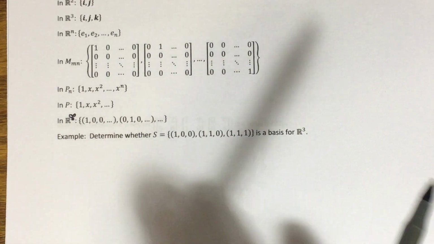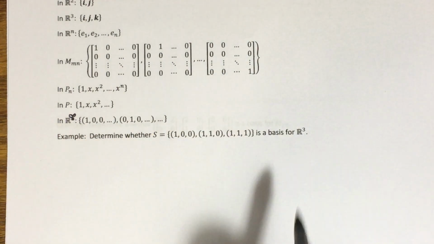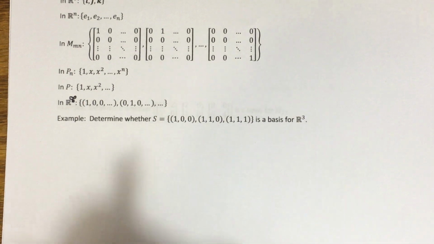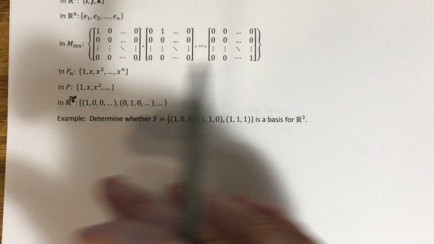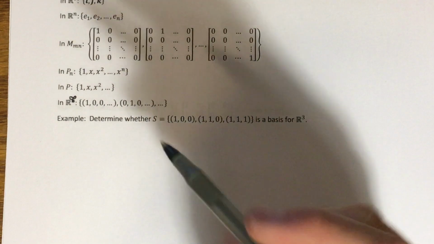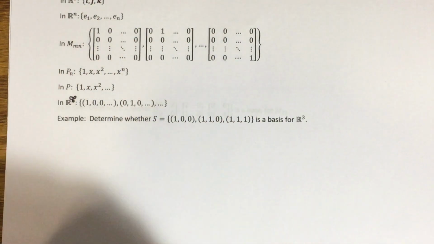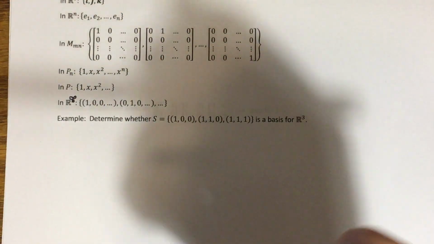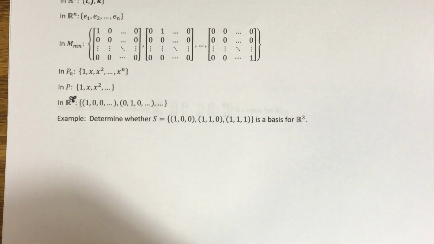All right, so these are the standard bases, and the reason we call them that is because for each of those vector spaces, they're in a certain sense the most natural choices for a basis. But as we've also seen, any particular vector space can have many different spanning sets, and many of those spanning sets can all be linearly independent as well.